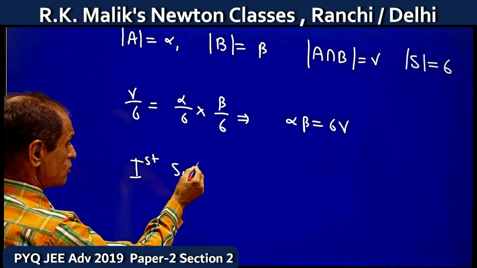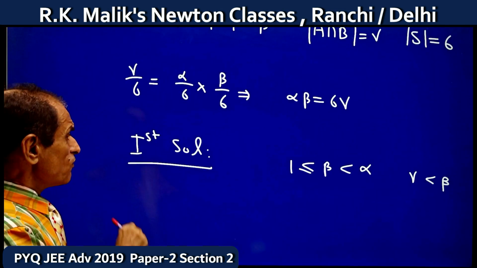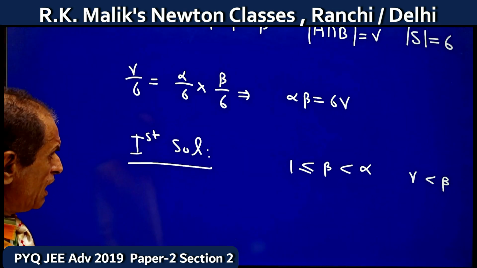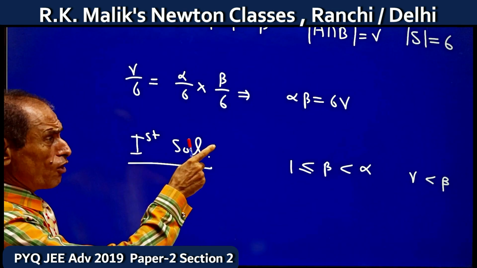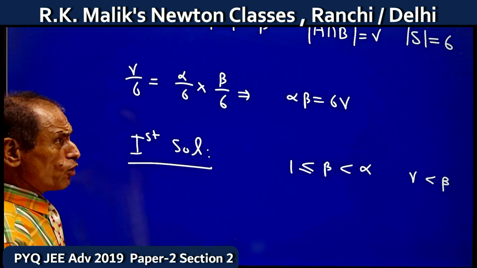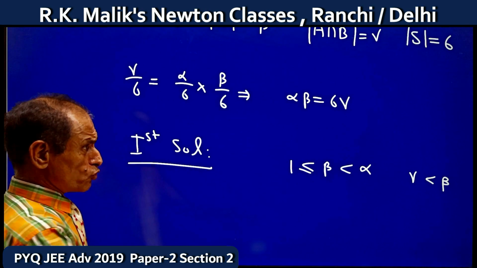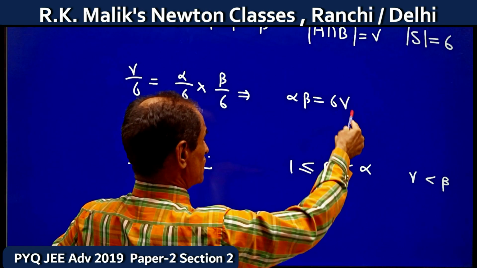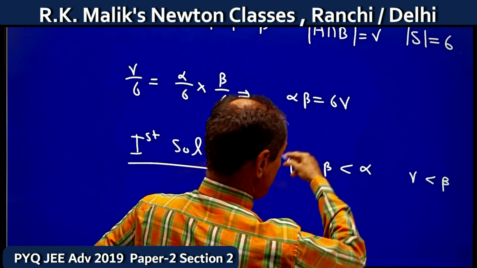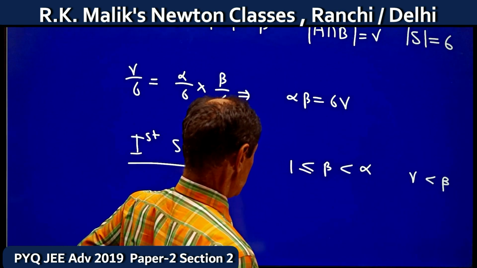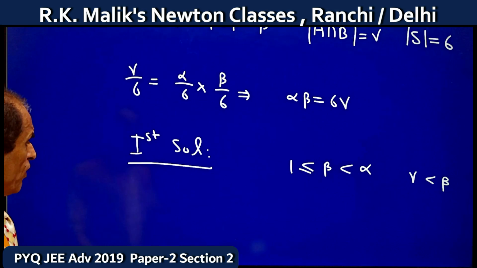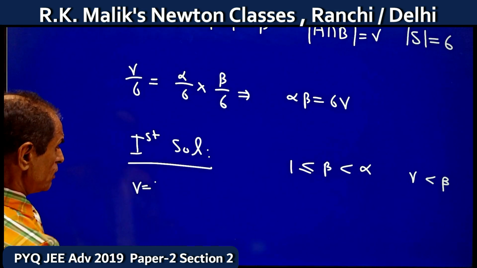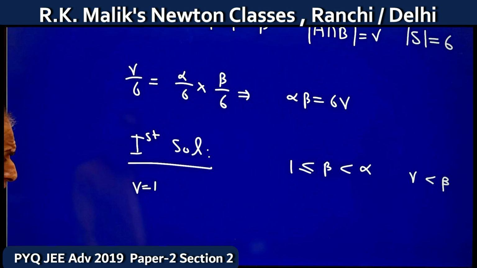First solution. In the first solution, I'll start with the values of gamma and get the values of alpha and beta so that this condition is satisfied and these conditions are also satisfied. If I take gamma equal to 1, it means the sets A and B have one common element.